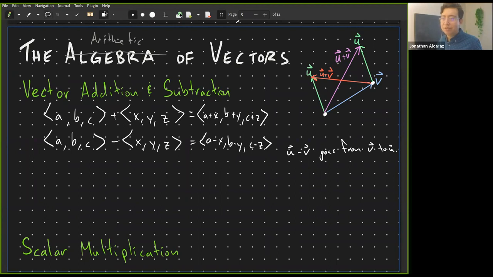So you can take negative v, which I haven't told you what negatives are, but basically what a negative does is it just flips the direction that your vector is going. So negative v would be the same v here, but going in the opposite direction. So let me try to replicate that here. It's something like that. It's not the best drawing.